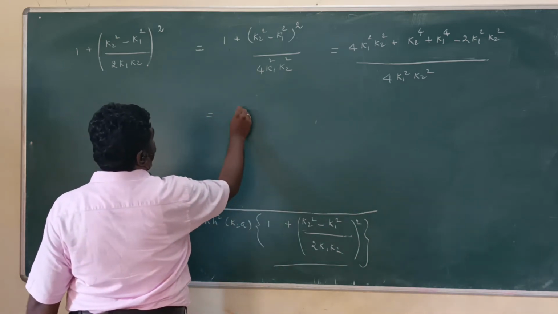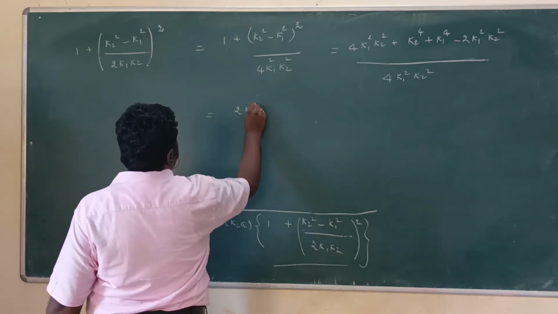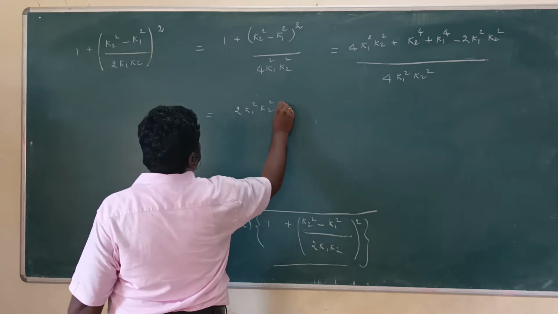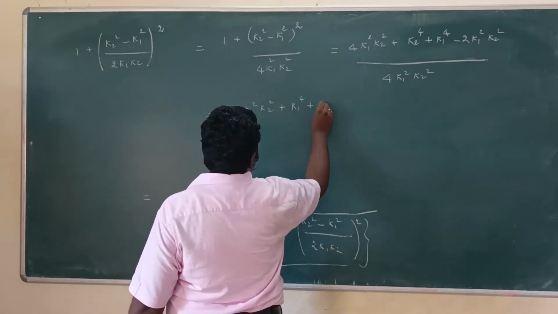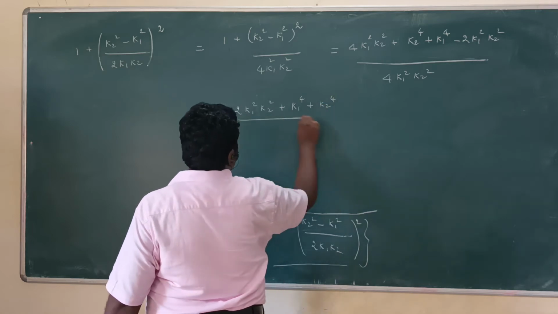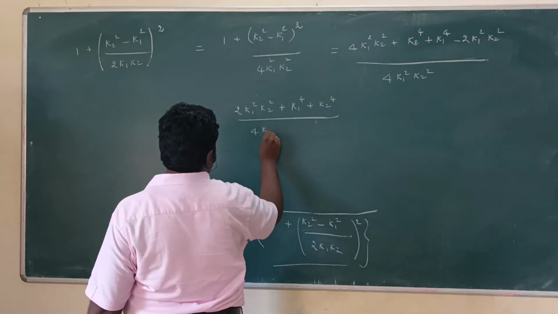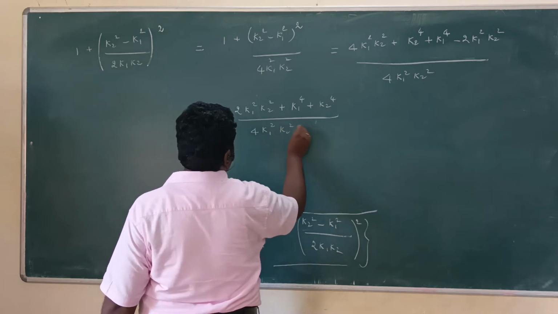This is equal to 2 k1 square k2 square plus k1 power 4 plus k2 power 4, divided by 4 k1 square k2 square.